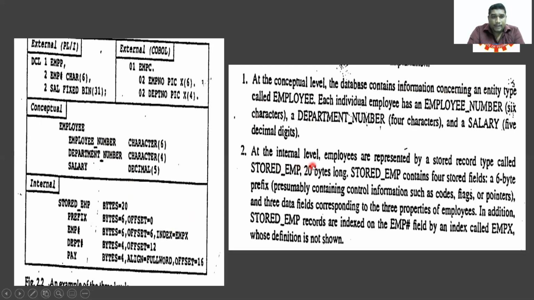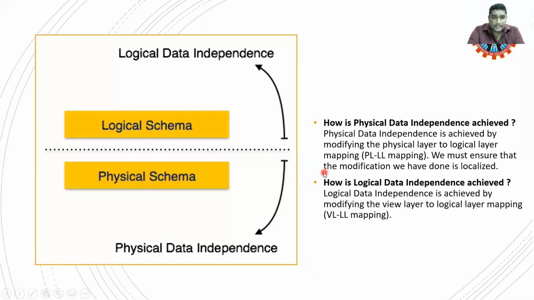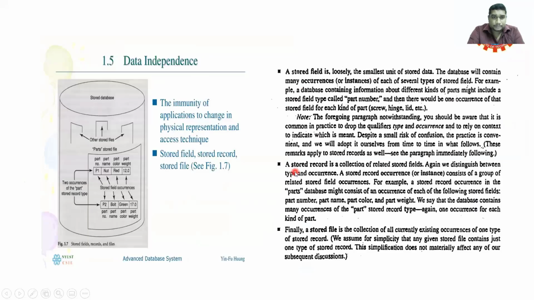At the internal level, employees are represented by a stored record. Based on attribute 1, we move to the remaining attributes. Here we have 4 attributes.